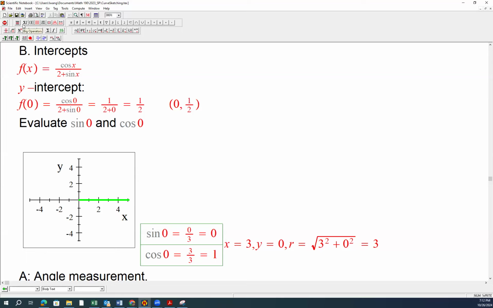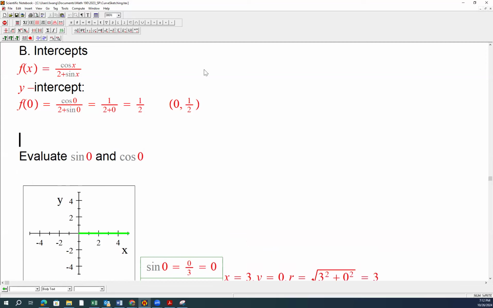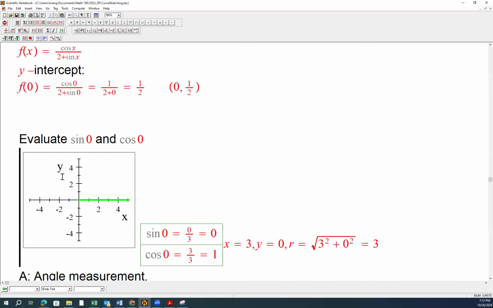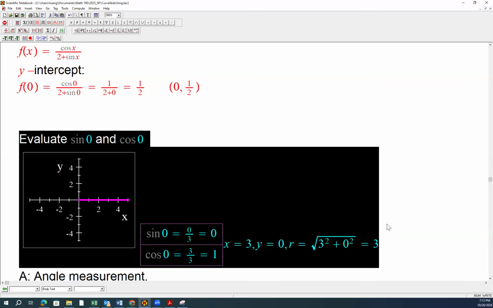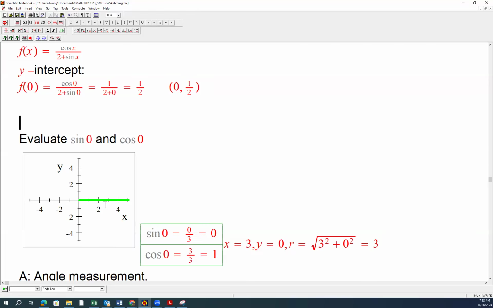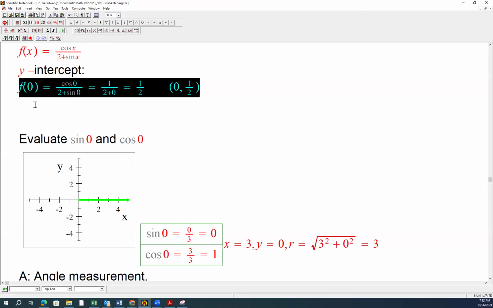Okay, we got our y-intercept. When you actually show your work, you don't need to show the reader what I just did. You should be able to do it on your sketch paper.